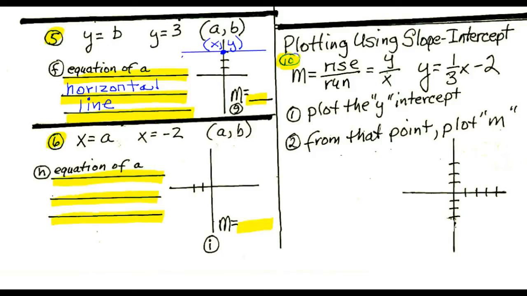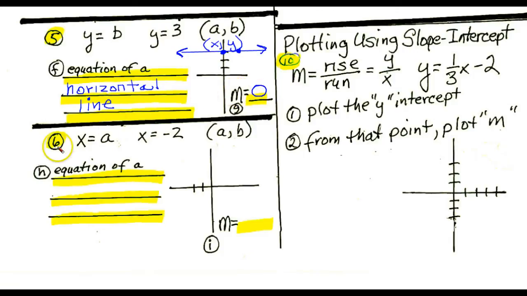This is the equation of y equals 3. Now, when you plot this in MATLAB, you put a dot at 3 on the y-axis and then just any other place. And we haven't done this yet, but let's take a look at what is the slope of a horizontal line. And the answer is 0.